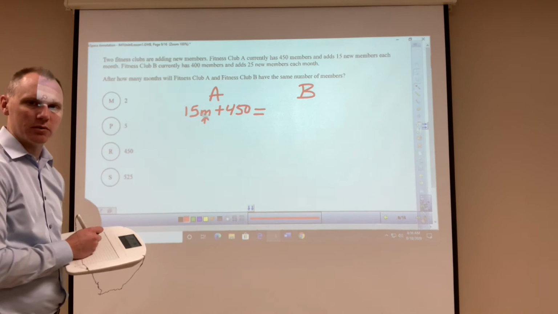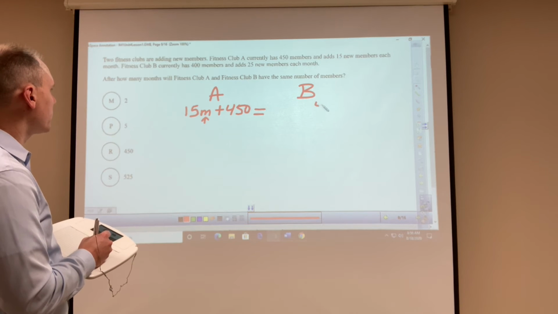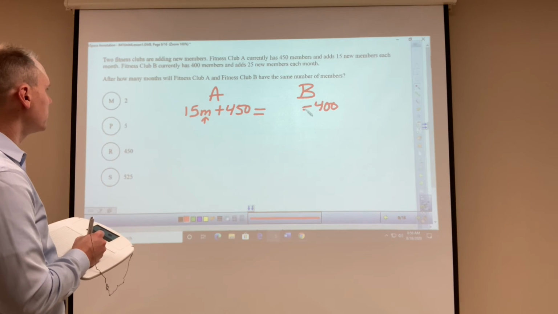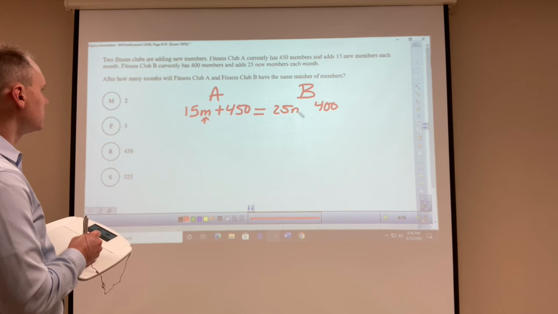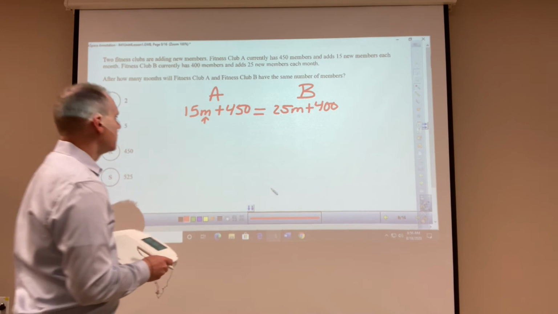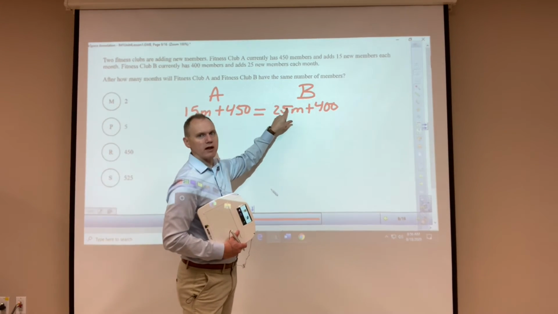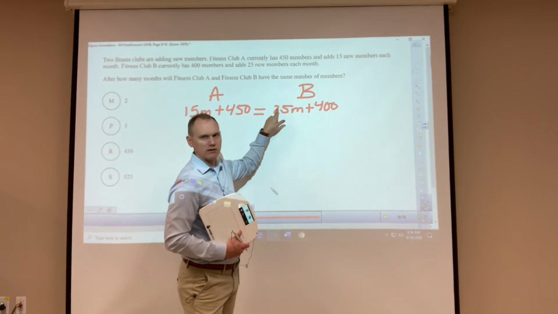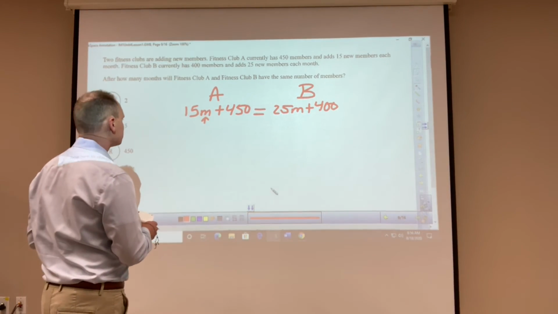It's actually months, not members. And then over here we have 400 starting members, and we have 25 new ones each month. So if we've gone 1 month, then we've added 25. 2 months, then we've added 50 members. 3 months, then 75, and so on. So you see that proportional reasoning there.